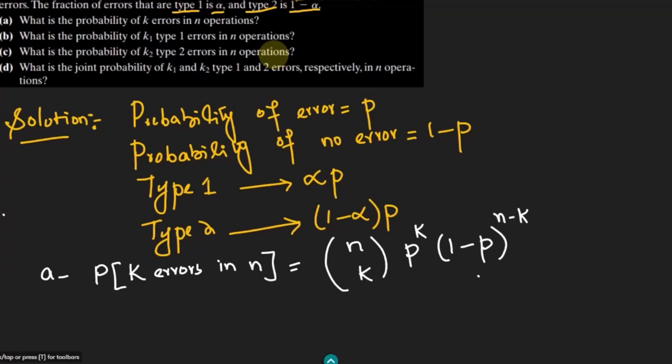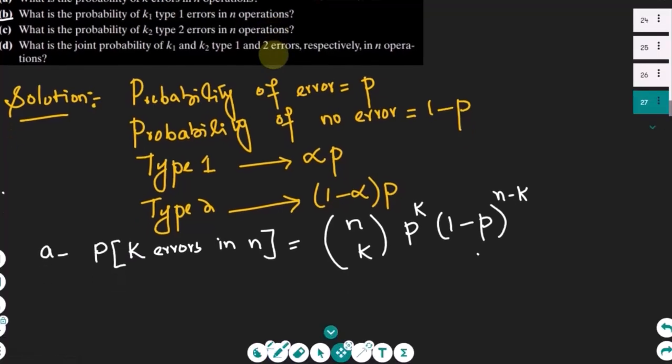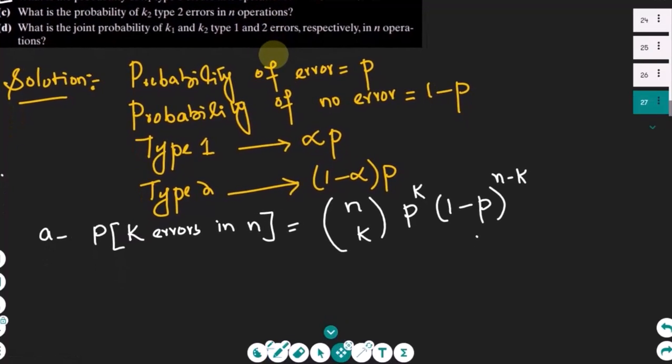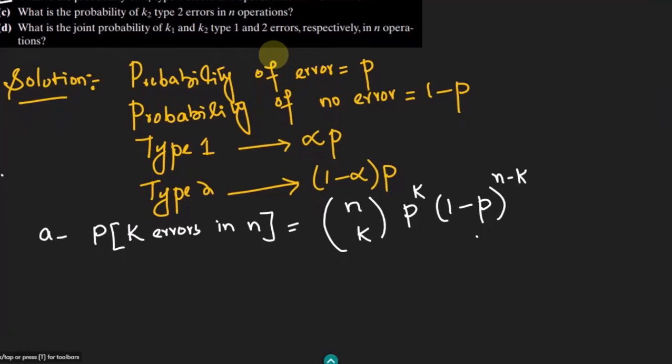Okay, what is part B? In part B, what is the probability of k1 type 1 errors in n operations? So for solving it, let me move down further. We have to find the probability of k1 errors in n operations.